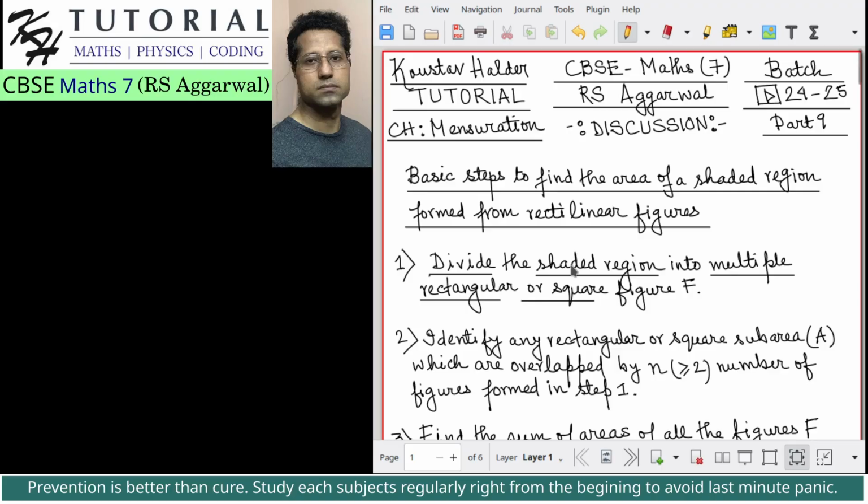Okay, so in this video we will discuss how to find the area of a given shaded region, and the region is made up of one or more rectangular or square figures.